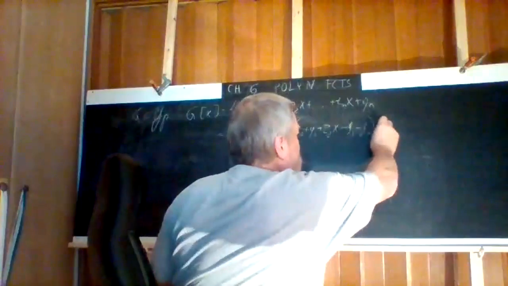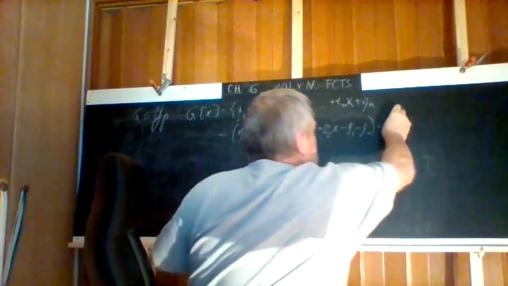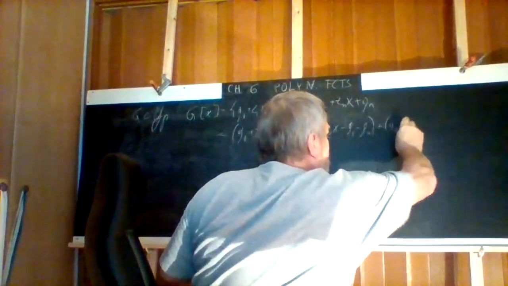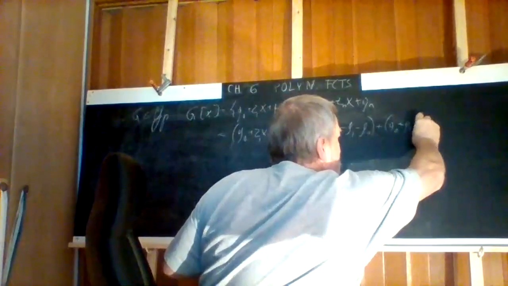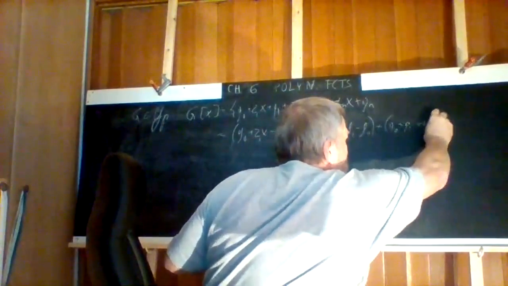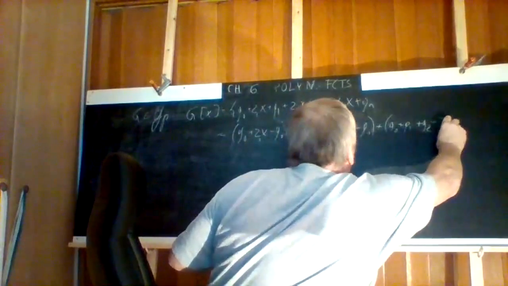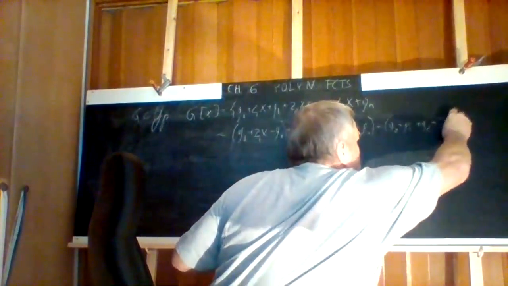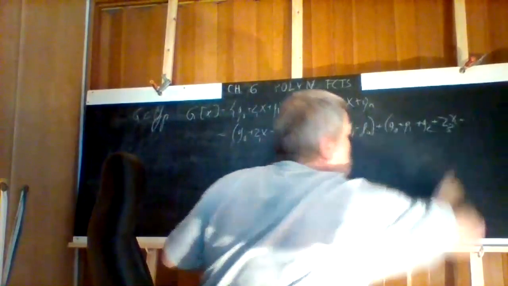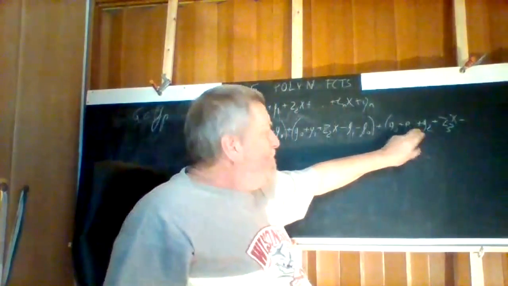But of course, we have to correct this again in the next term. So the next one would start with g naught plus g1 plus g2 plus z3 times X, and then minus g2 minus g1 minus g0, and so on.